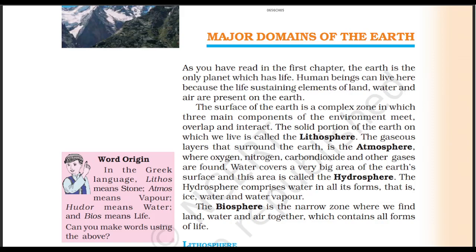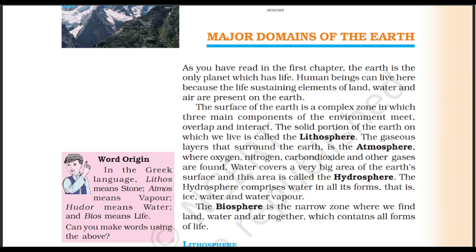Water covers a very big area of the earth's surface, and this area is called hydrosphere. The area on the earth's surface that has water is called hydrosphere. The hydrosphere comprises water in all its forms, that is ice, water vapor.